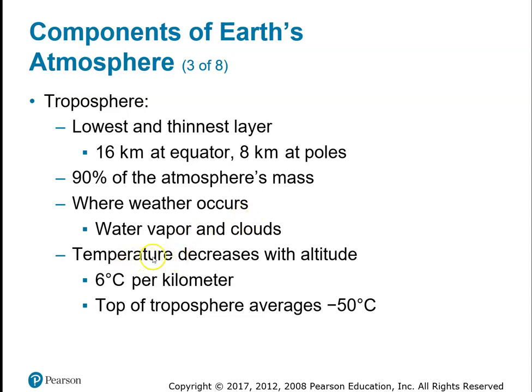The key thing about the troposphere is that the temperature decreases with altitude. It goes down on average by about 6 degrees Celsius per kilometer that you go up. And when you get to the top of it, the troposphere is sitting at about -50 Celsius.